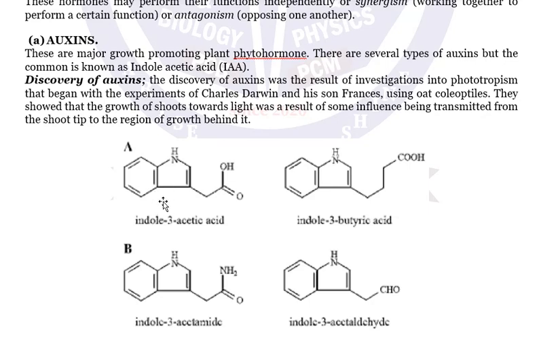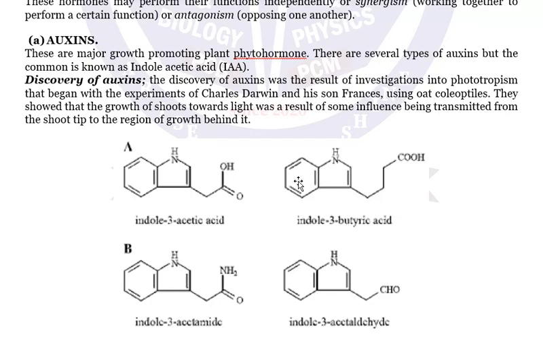As you can see, we have indole-3-acetic acid, indole-3-butyric acid, indole-3-acetamide, and indole-3-acetaldehyde. But the difference is the side chain, which is attached to the parent structure, which is indole.